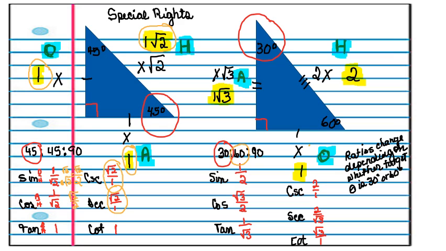So if we do it off the 30 here, we end up with 1 over 2, O over H, square root of 3 over 2, and notice the tan one has a radical down there, so you may see it differently. That would be the square root of 3 over 3.